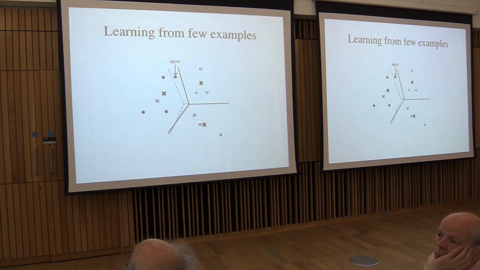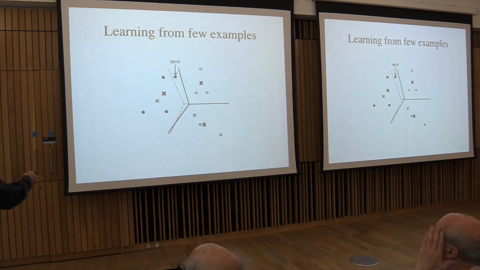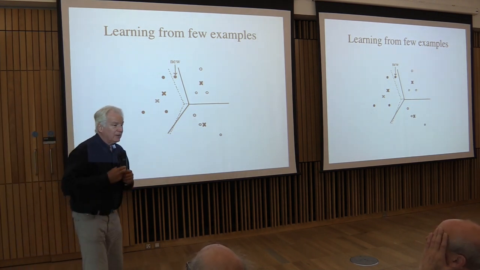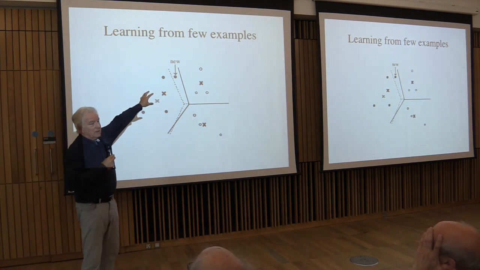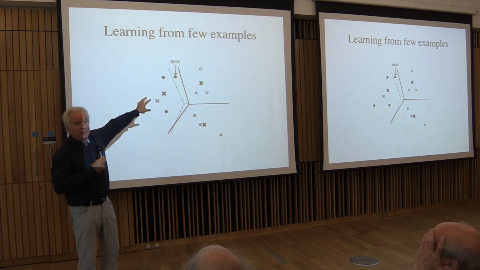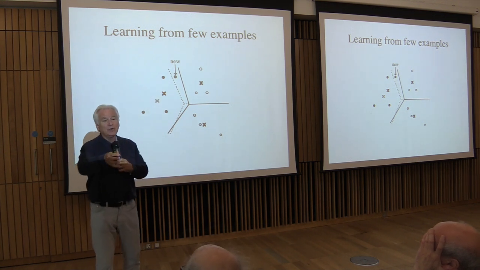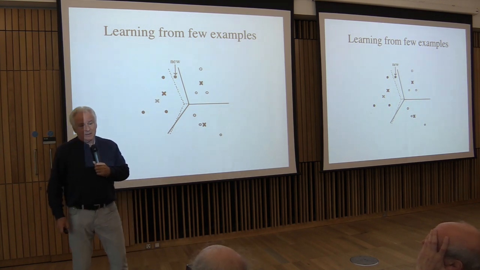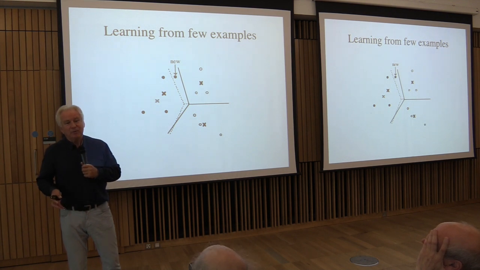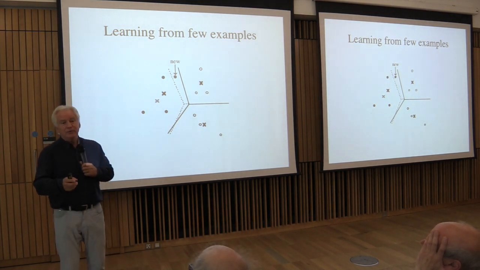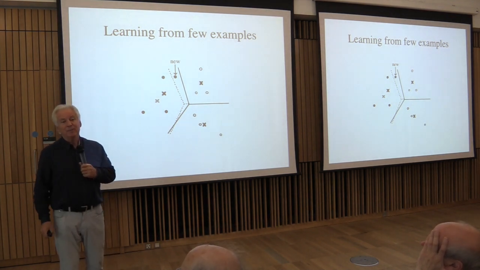Of course. This process is not perfect. Sometimes you end up with an object that doesn't fit with the pattern. So you end up with something that wouldn't be convex. My way out of this problem is to say that in most cases you create a new concept when this happens.